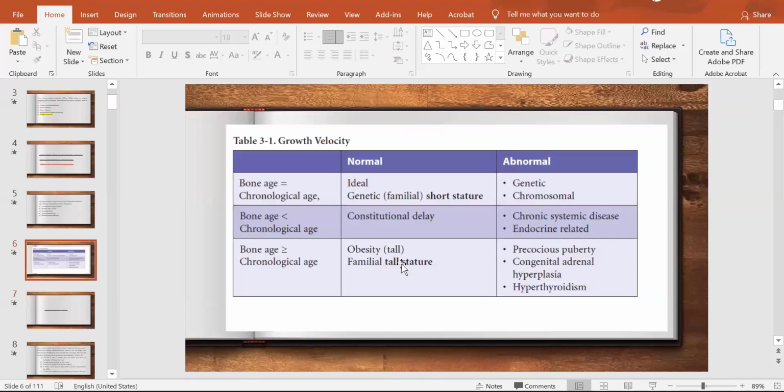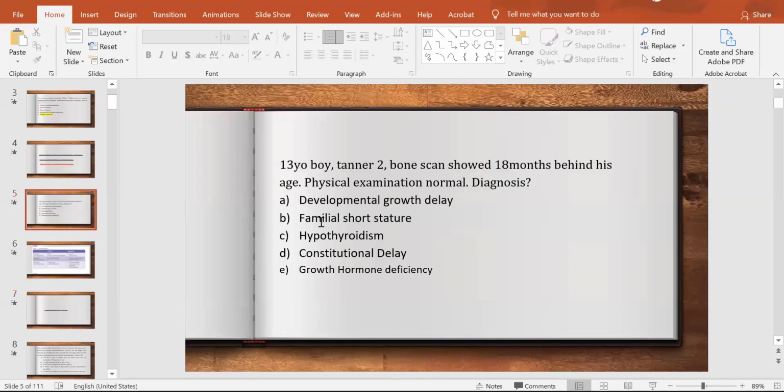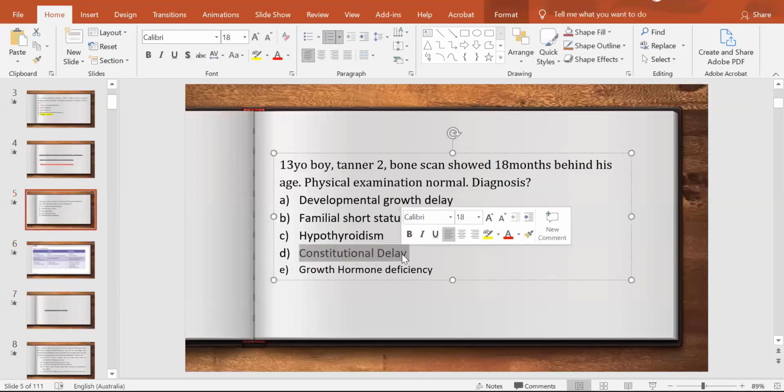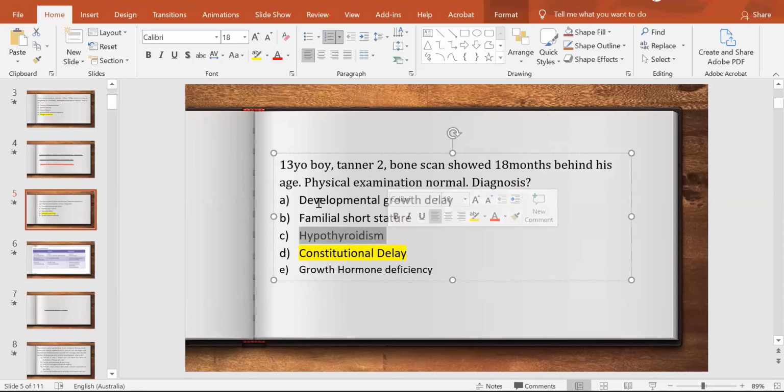Clear? So our answer here will be constitutional delay. You already understand that normal physical examination excludes option E, growth hormone deficiency, and hypothyroidism. Normal physical examination also excludes developmental delay, and developmental delay is totally different.